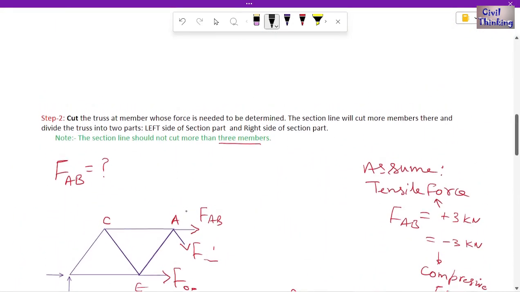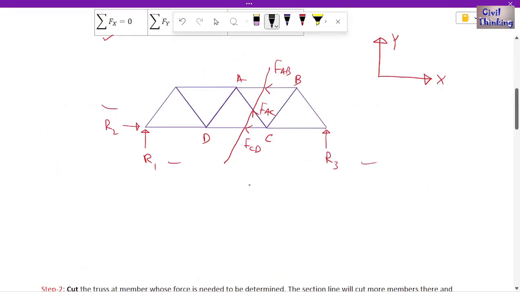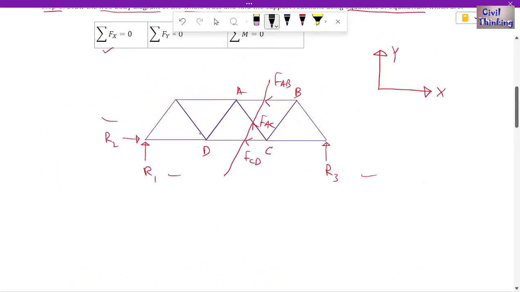Here, this angle needs to be found. This is theta. Now we know this is 1 meter, this is also 1 meter, and this is also 1 meter.